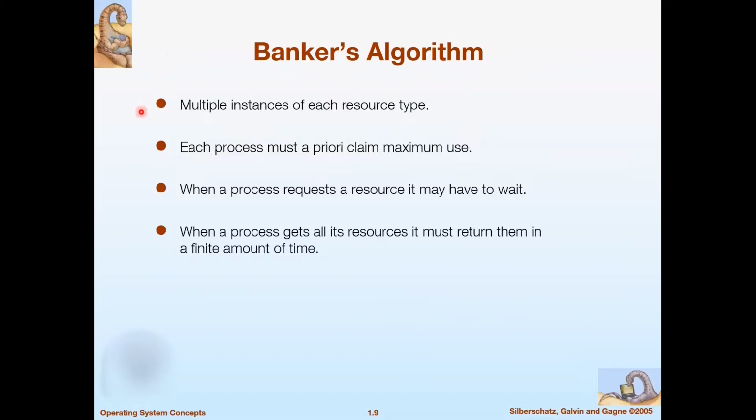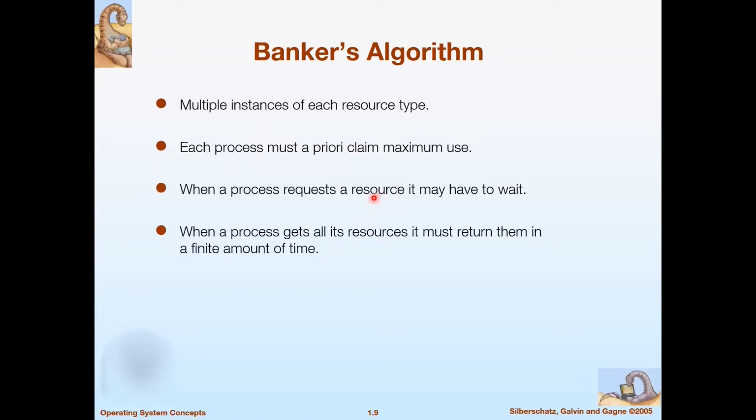When a new process enters the system, it must declare the maximum number of instances of each resource type that it may need. We must remember that this maximum number may not exceed the total number of resources in the system. When a user requests a set of resources, the system must determine whether the allocation of these resources will leave the system in a safe or unsafe state.